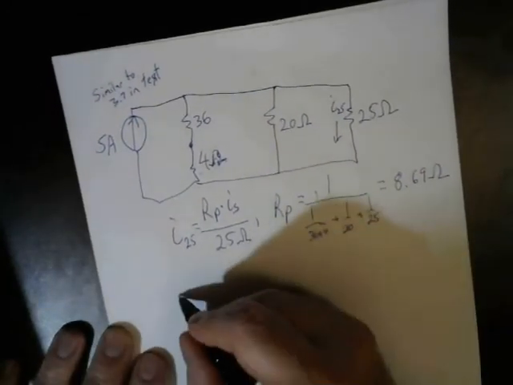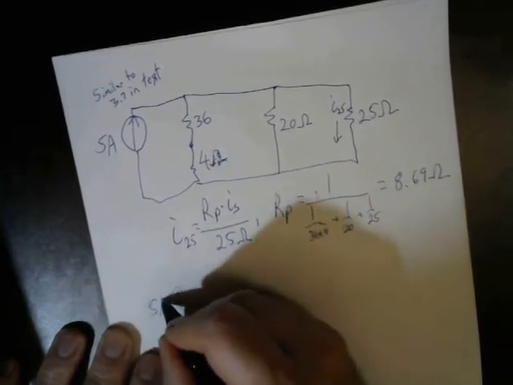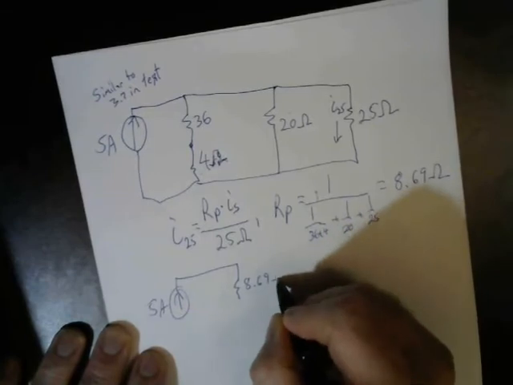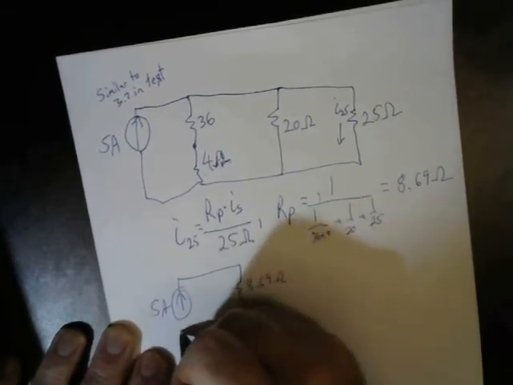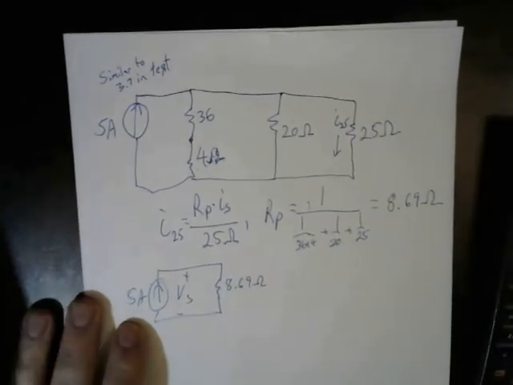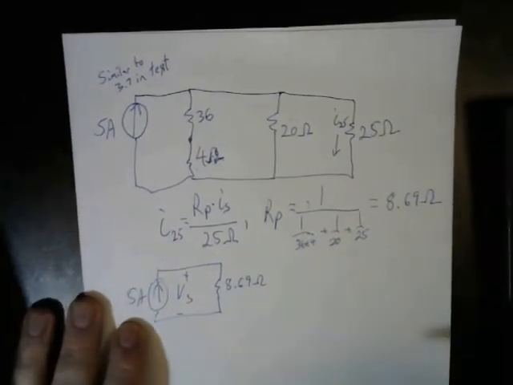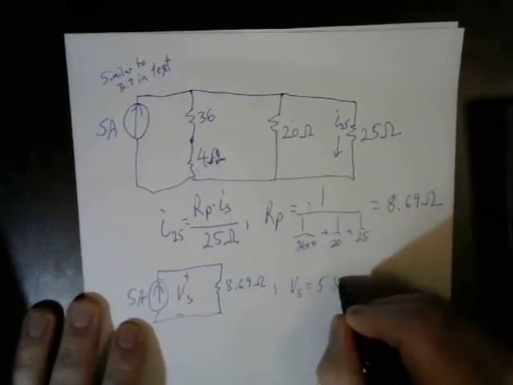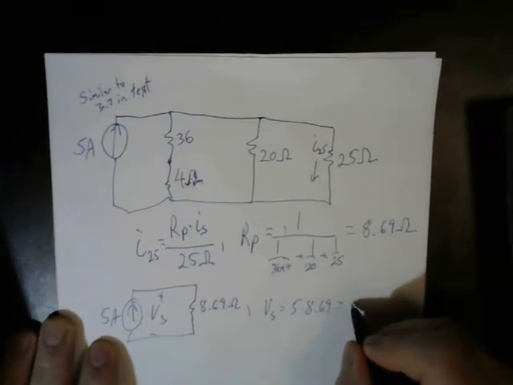And so that tells me that if I redraw that circuit, 8.69 ohms gives me the voltage, Vs. And that is 43.47 volts. Vs equals 5 times 8.69 equals 43.